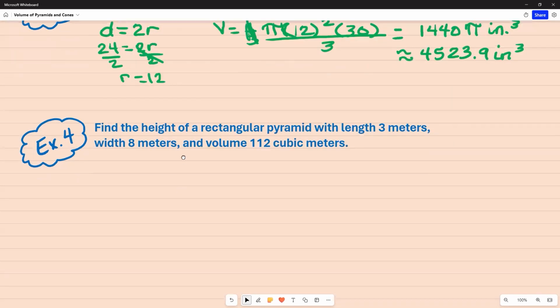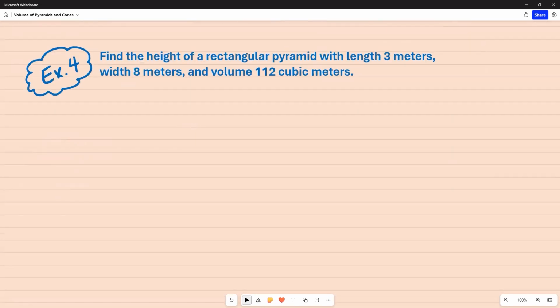Example 4, you're asked to find the height of a rectangular pyramid with length 3 meters, width 8 meters, and volume 112 cubic meters. What we're looking for is the height. So let's go ahead and set up our formula. If we're talking about a rectangular pyramid, the volume is going to equal 1/3 of the length times the width times the height.